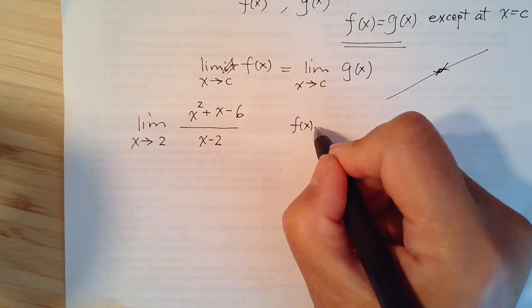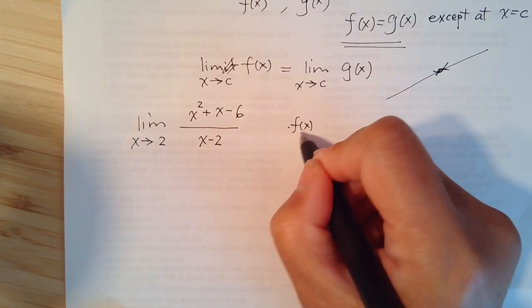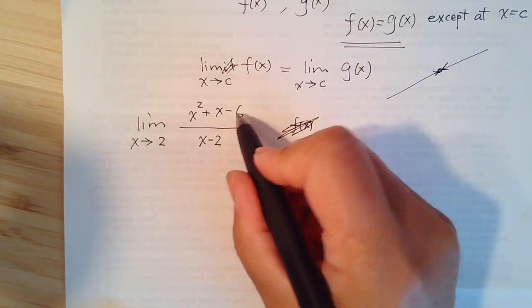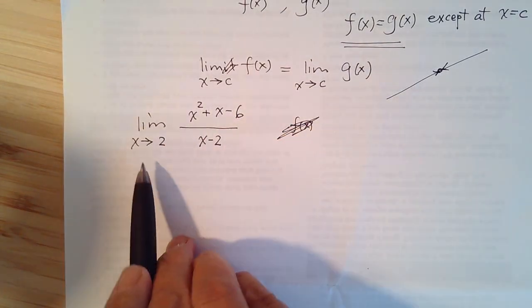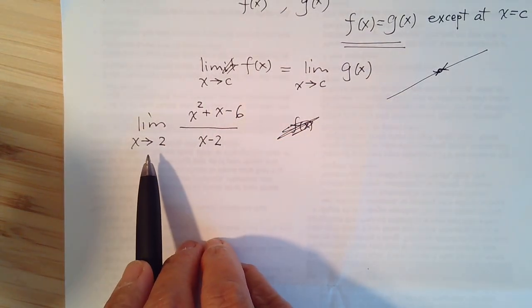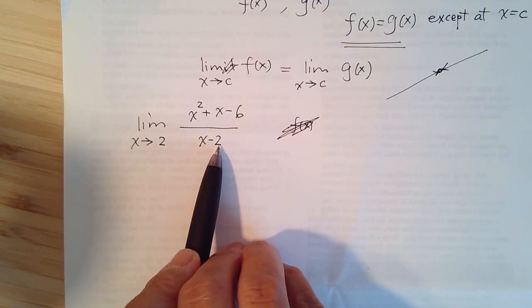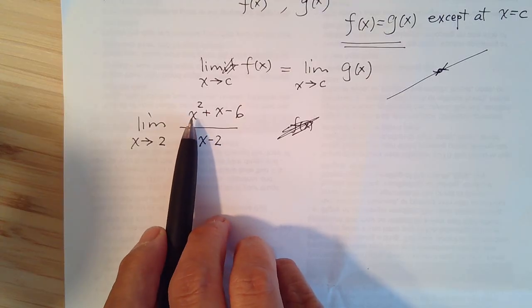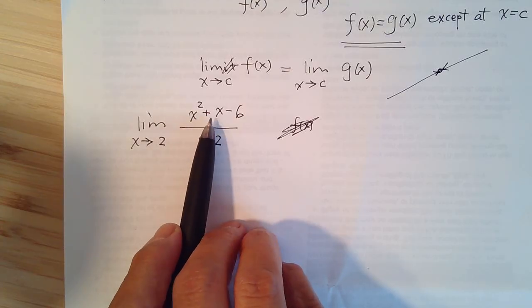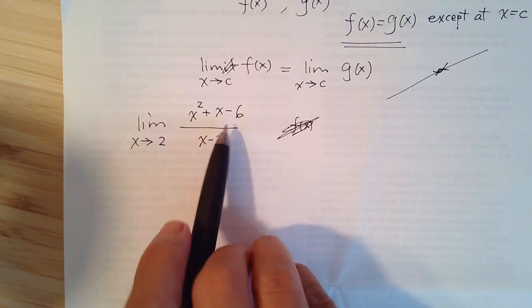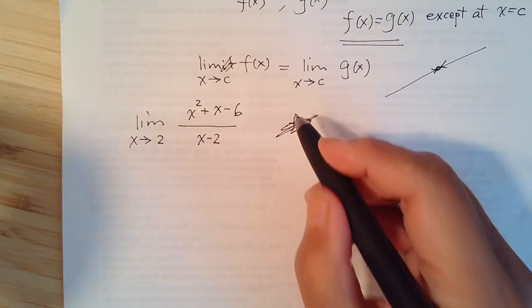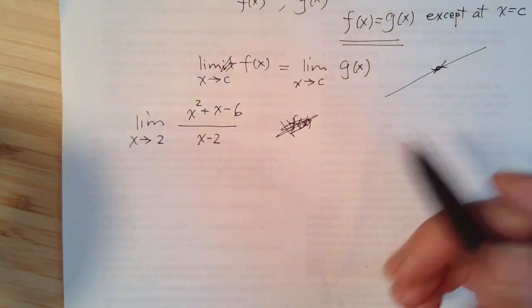Let me simplify that, okay? I cannot use the direct substitution method because if I put in x equals 2, 2 minus 2, I get a 0 in the denominator. The numerator, I get 2 squared, which is 4, plus 2, which is 6, minus 6, which is also 0. So I cannot use the direct substitution method.